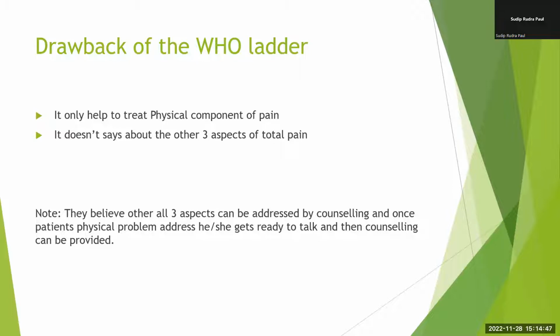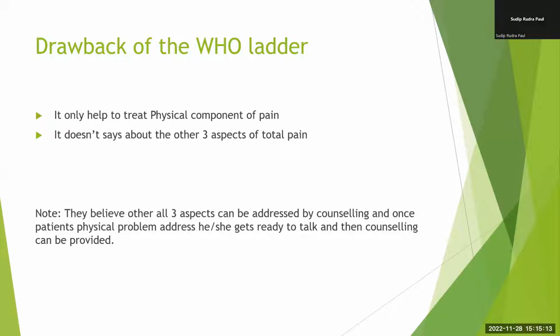As I have mentioned, a total palliative care patient or chronic illness patient has 4 components of pain, which together make total pain: physical, psychological, social, and spiritual. The WHO analgesic ladder helps to treat the physical component only, and does not address the other 3 components.